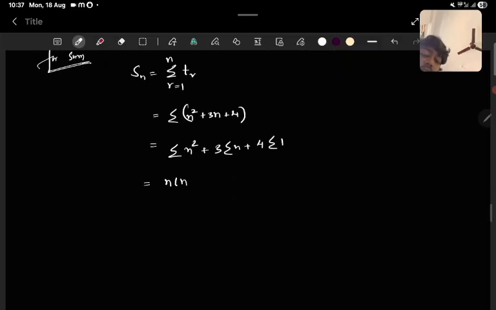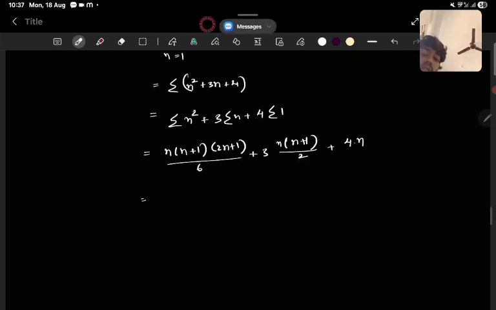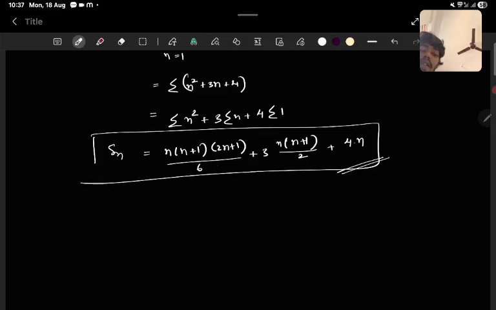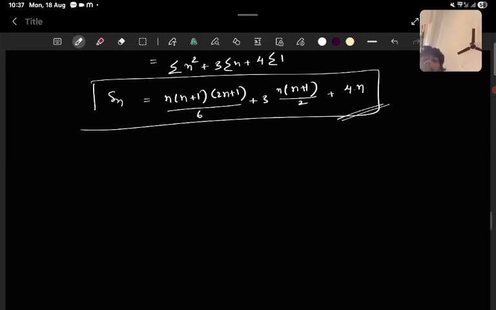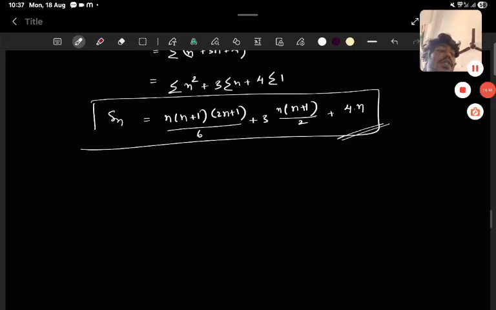So it will be n of n plus 1, 2n plus 1 by 6 plus 3 times of n of n plus 1 by 2 plus 4 times of n. Now if you want to solve, you can solve it, or else you can do the rest. This is the sum of n terms of the given 8 plus 14 plus 22 so on series. Clear, beta? Okay, now this is how you have to solve the questions later.